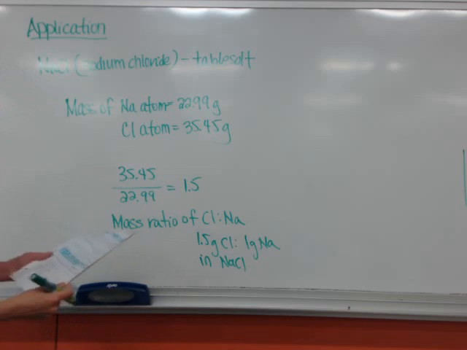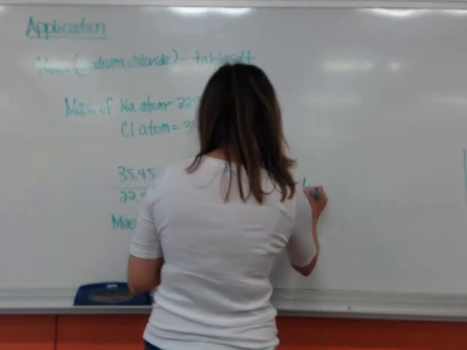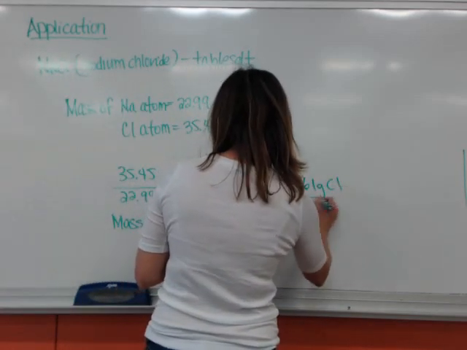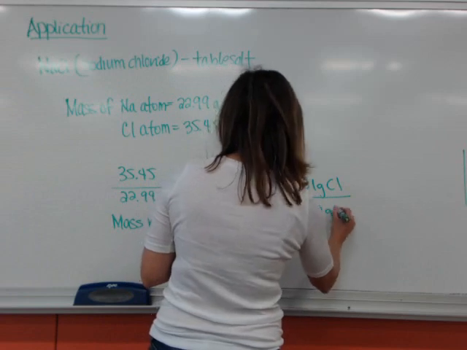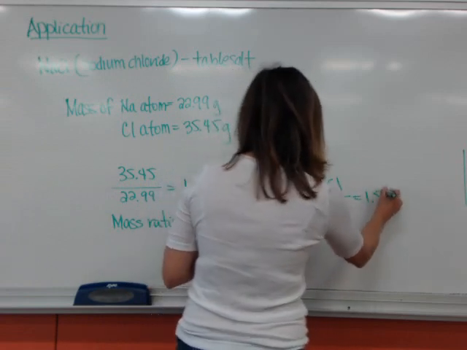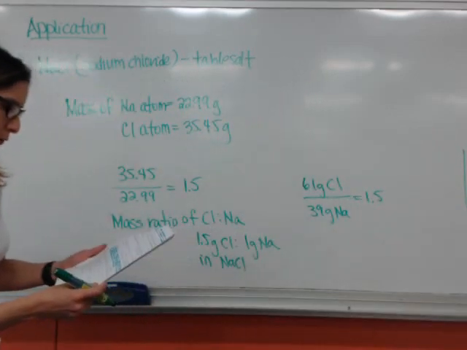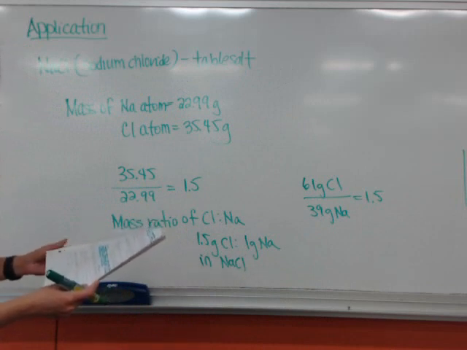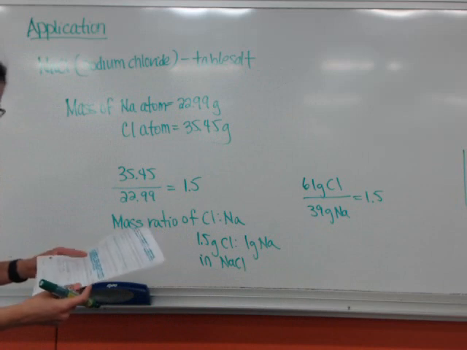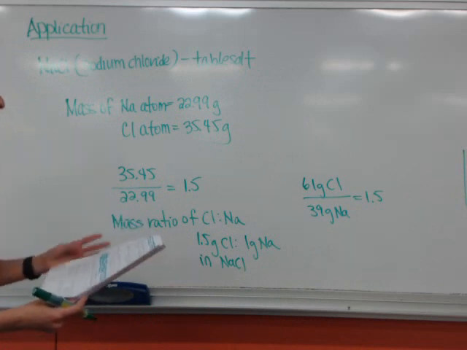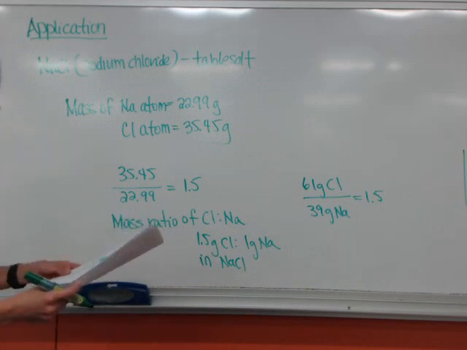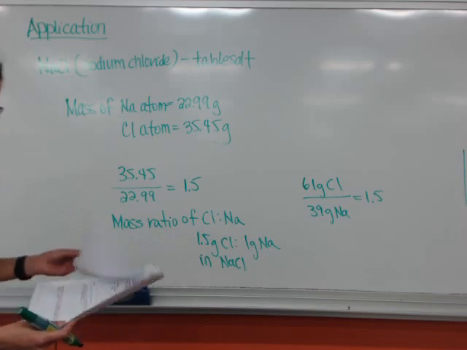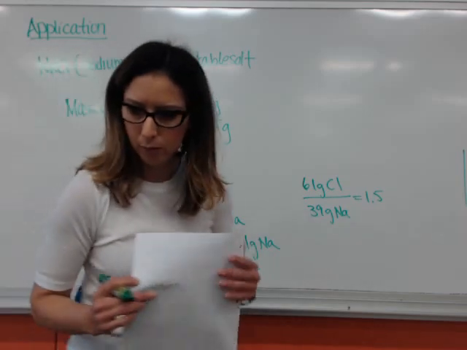If we take the 61 grams of chlorine divided by the 39 grams of sodium in the problem, you'll get a ratio of 1.5. So no, it doesn't mean that we contain more atoms of chlorine, because the mass ratio is 1.5 grams of chlorine to 1 gram of sodium.